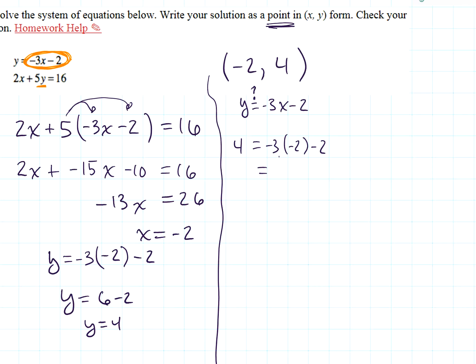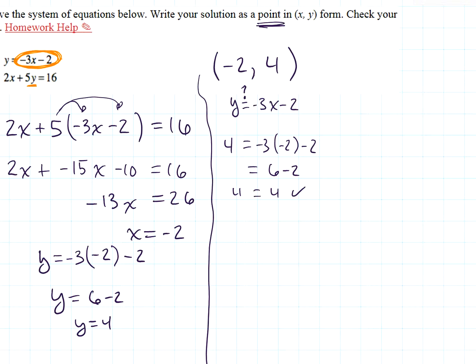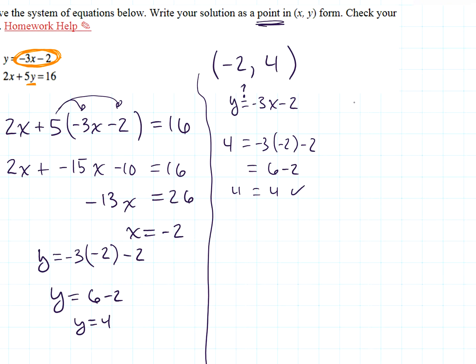On the right-hand side, I've got a positive 6 minus 2, and 6 minus 2 is 4. So I do get the same thing. 4 is equal to 4. So it definitely checks in the first equation. But all that means is that that point is on the line y equals -3x minus 2. It doesn't mean that it's on both lines.